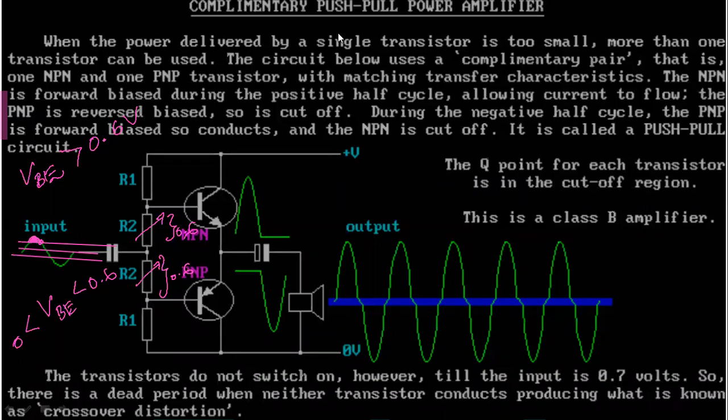During the first half cycle, as you know, the NPN transistor is biased and starts working, switching to the active region, and the PNP remains in the cutoff region. During the second half cycle, the PNP transistor goes to the active region and the NPN goes to the cutoff region.